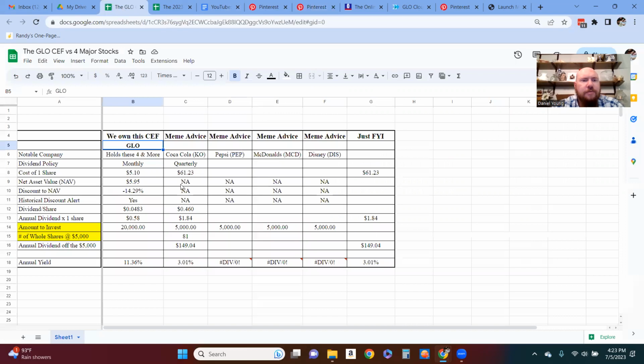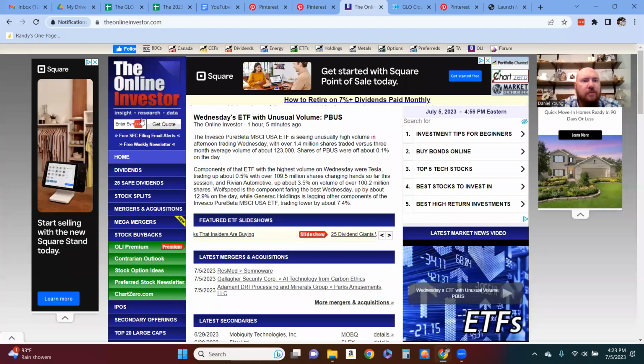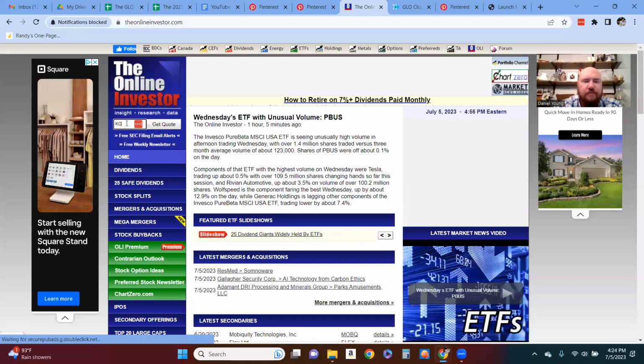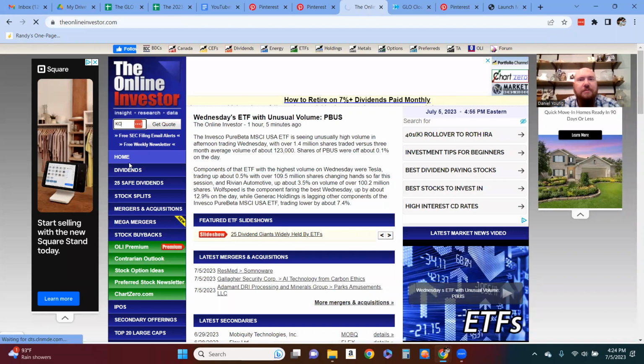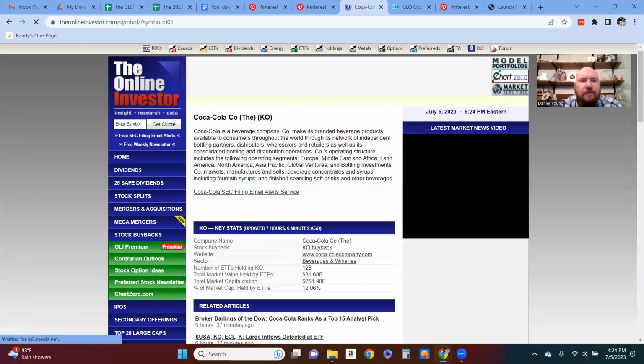So in order to break this down, we need some more data. We'll get to this in a little bit, but what I want to look at now is how to fill this in. So I've reviewed Coca-Cola before. It pays quarterly. That was the cost of one share, but we need updated info. And I like this website the best for free info.